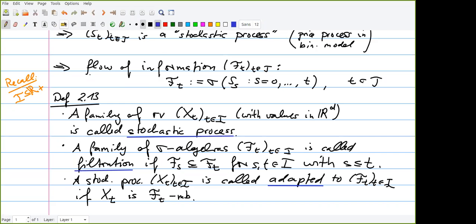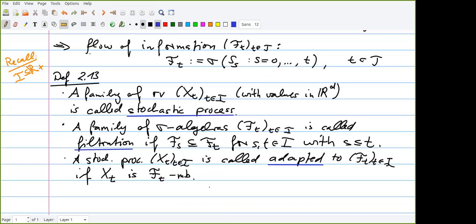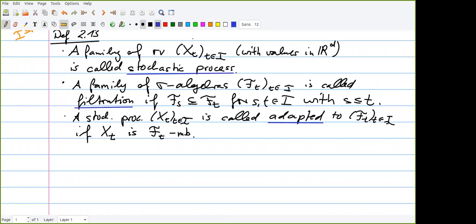Just a little remark, which is rather obvious. Let's keep the numbers from the lecture notes. Every stochastic process is, of course, adapted to the filtration which it generates.